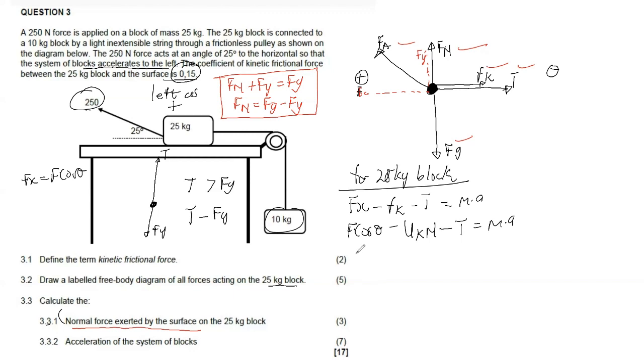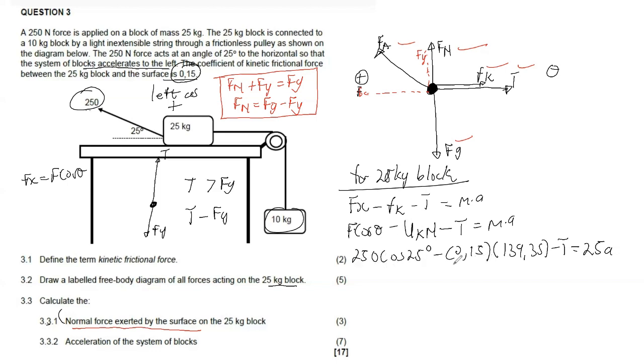We have 250 cos 25 degrees minus our mu k is 0.15, and then multiply that by the normal force, which from the previous question we got 139.35, and then minus T is equals to our mass, remember, is 25 and then 25a, right? Since we don't have the acceleration.